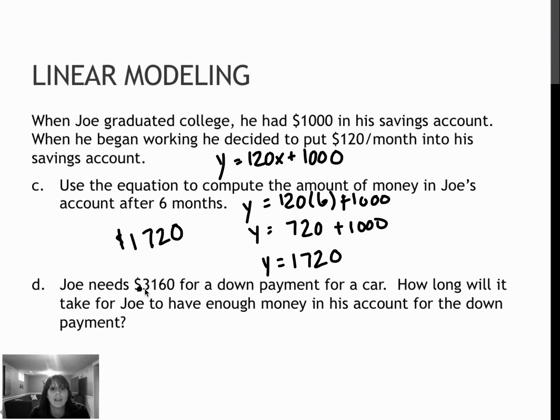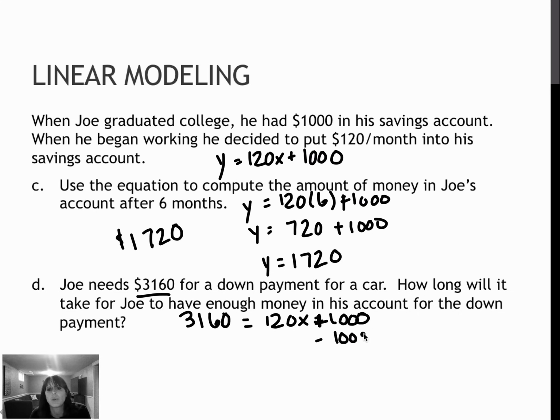For part D, now they're giving me an amount to shoot for. So that would be my y value, the amount in the account. So I need $3,160, or Joe does, for the down payment on a car. And we're asking how many months is it going to take him. So again, we'll solve just like this. Wow, I have a problem with that plus sign.